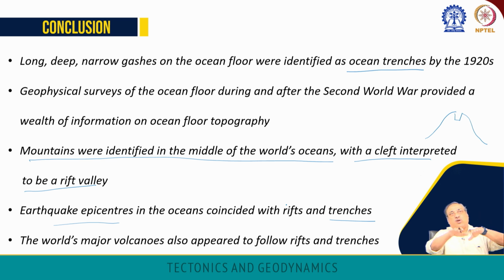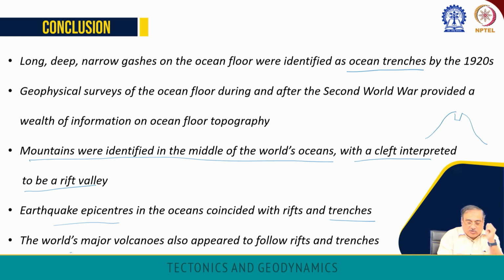If you consider the ocean floor to be the ground level, the ocean ridges were about 2.5 kilometers above that, and the ocean trenches would be 5 to 6 kilometers below the bottom of the ocean, which means that the total depth below mean sea level would be almost 10 to 11 kilometers. And what was finally observed is that it's not just the earthquakes that coincide with the topography of the ocean floor.